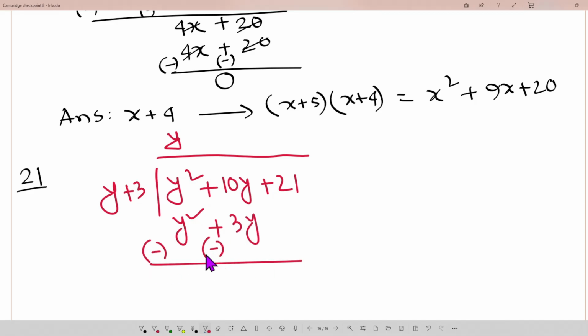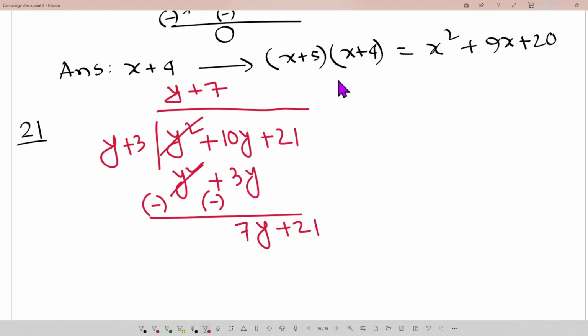Minus, y square out. So here is 7y and plus 21. 7y divided by y will be 7. So plus 7. So once we multiply, it will become 7y plus 3 times 7 is 21.